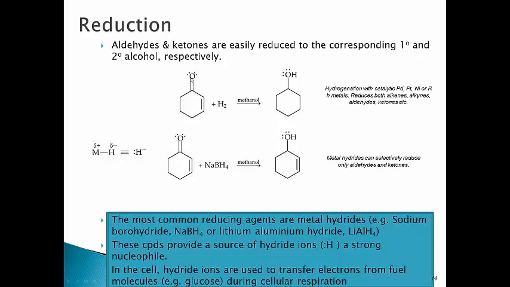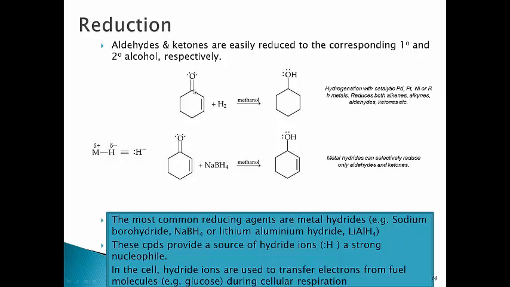So how can this be done? So we can do this with some sort of metal catalyst and hydrogen gas. Okay, so hydrogenation we talked about last lecture was H2 and palladium, so Pd, as the catalyst.